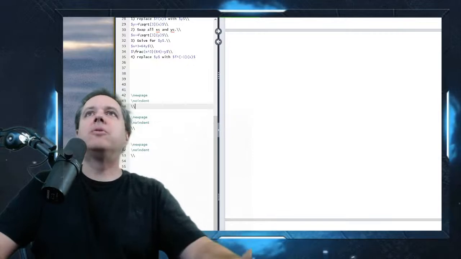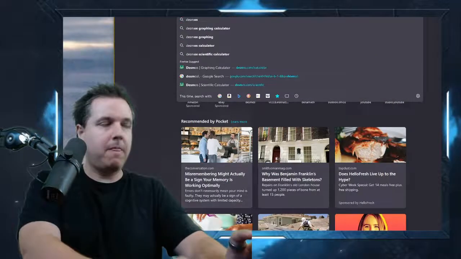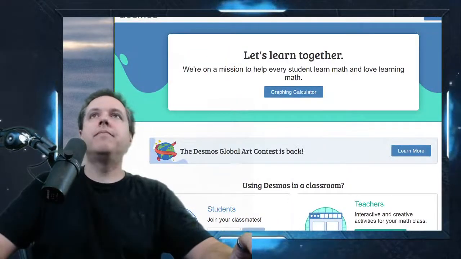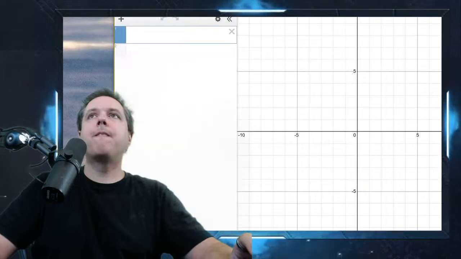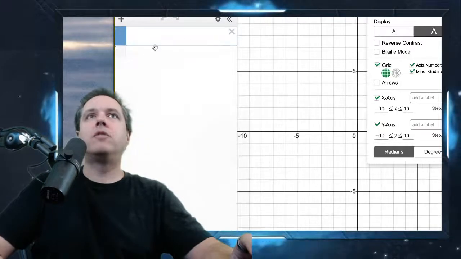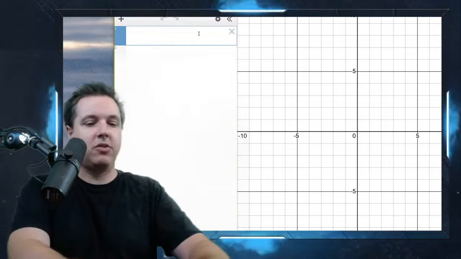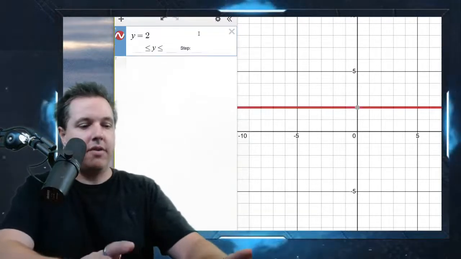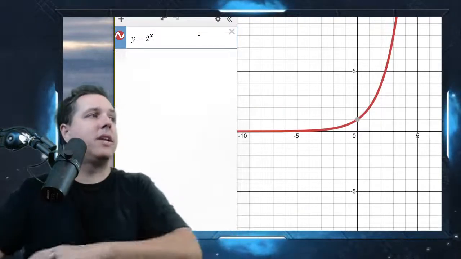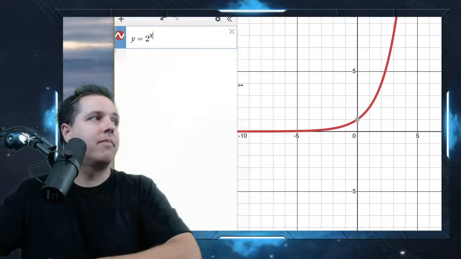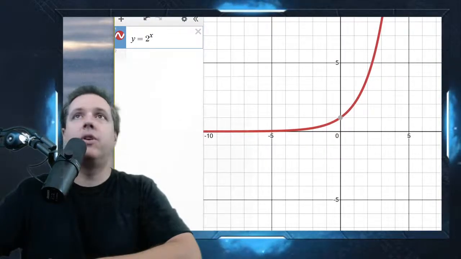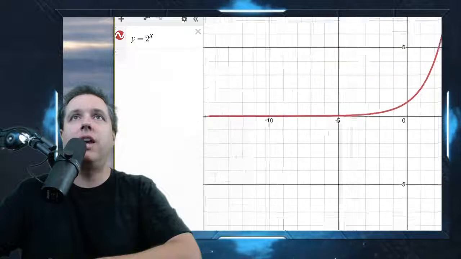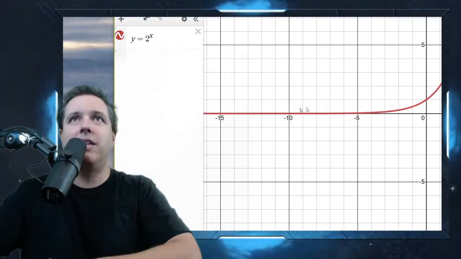Did I close Desmos? Where'd it go? Okay, so we can look at things graphically. So here is an example of an exponential function. This is what your exponential functions generally look like. It looks like they come down and become a straight line down here.